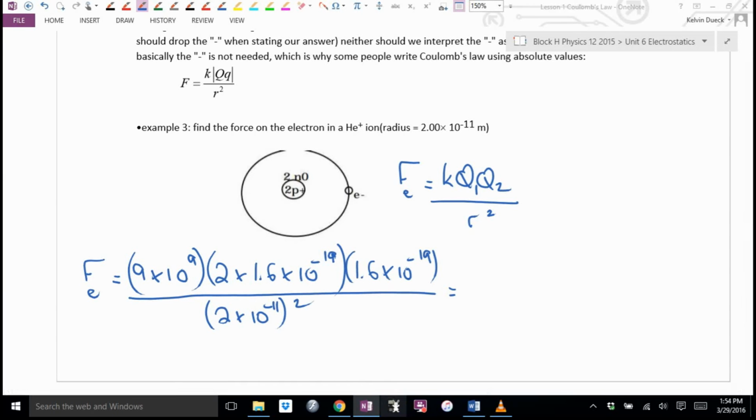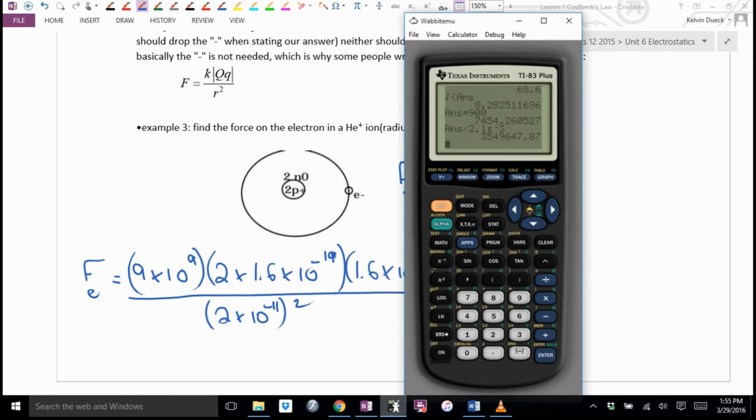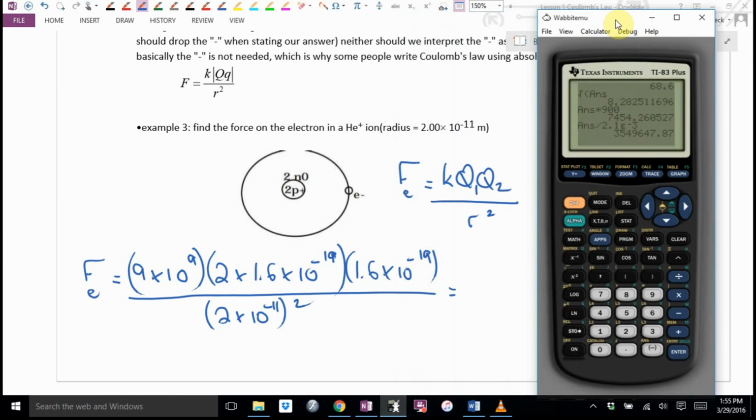Let's crunch this on our calculator. Yeah, I couldn't get the old one to work again. I'm typing in these numbers here.